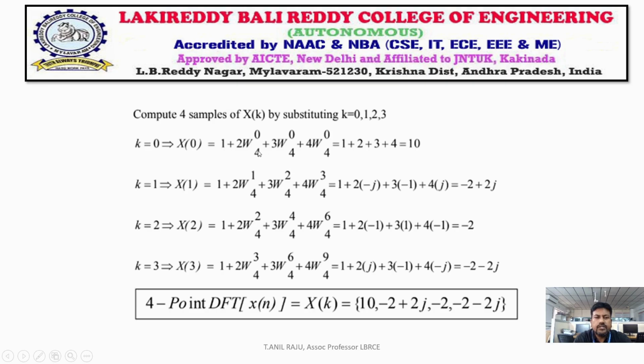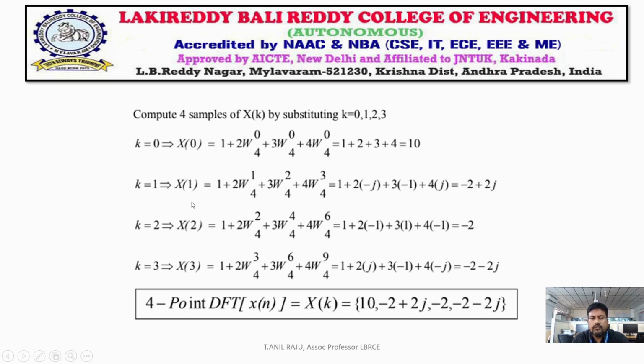When you substitute, W 0 of 4 is 1, and by simplifying that we get 1 plus 2 plus 3 plus 4 is equal to 10. In a similar way, we have to calculate for other values of k.